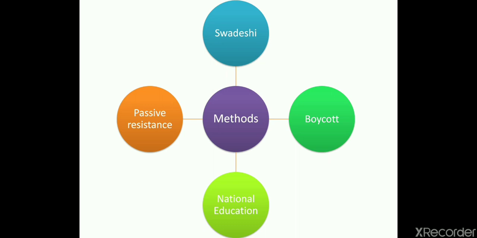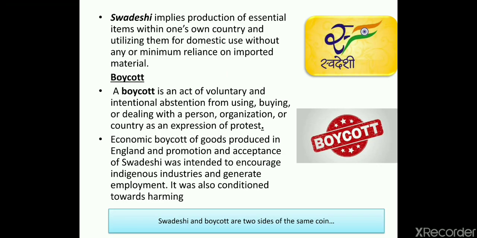So here comes the Swadeshi movement. Swadeshi means production of essential items within one's own country and utilizing them for domestic use without any, or with minimum, reliance on imported material. If we translate Swadeshi, Swa means own and Deshi means country.